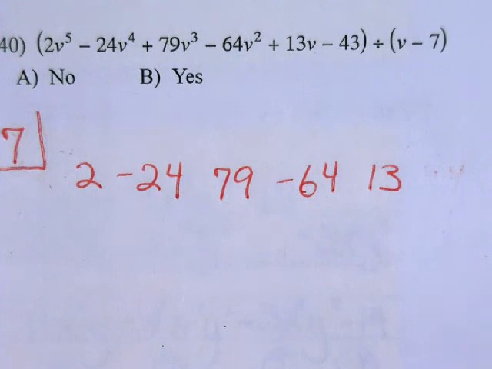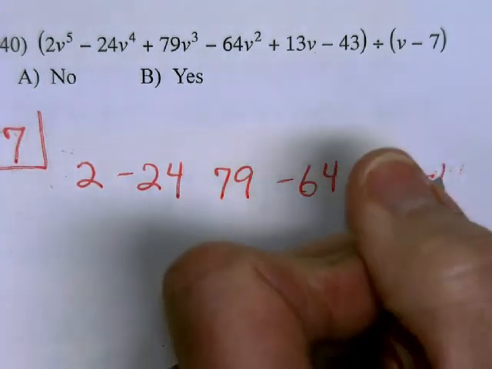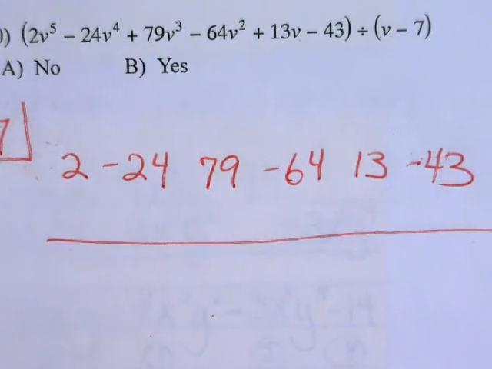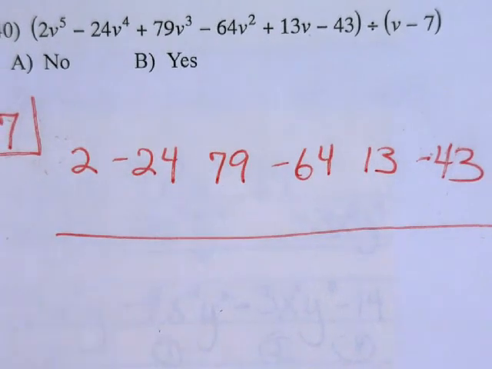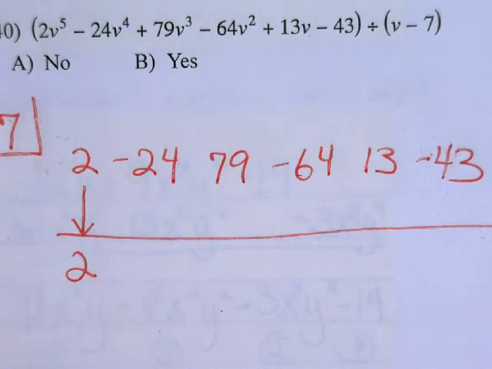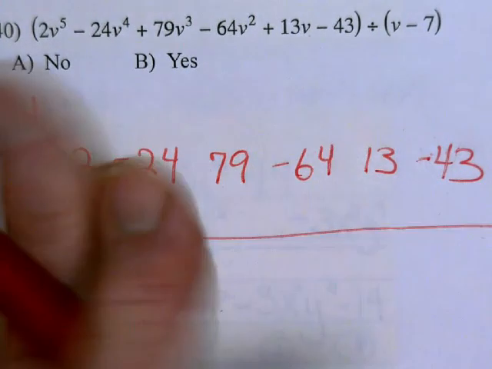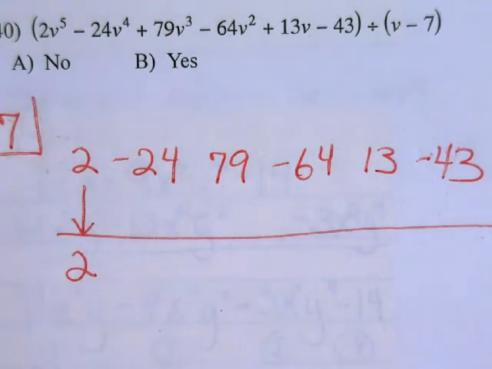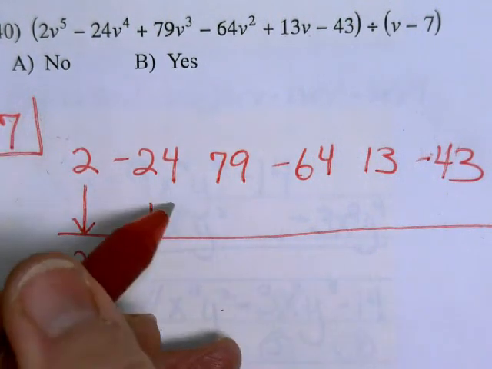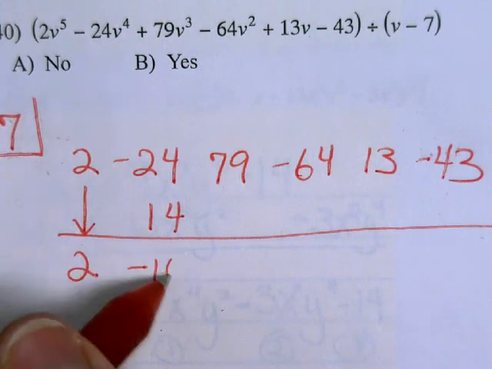Am I even in the picture yet? Going off the edge. Oh, I'm okay. Negative 43. There we go. So maybe you will never make this mistake. Maybe you'll never not drop down that first. But hopefully, I'm hoping you won't, but it has happened to me too many times.